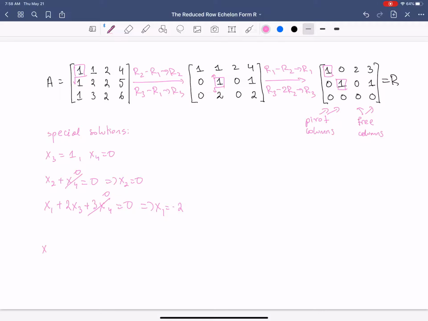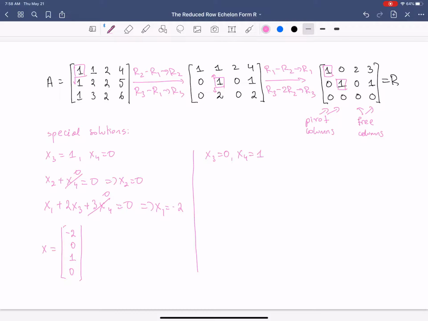And so the special solution is negative 2, 0, 1, 0. And it's kind of obvious that this truly is orthogonal to the first row and to the second row. The second special solution we get by setting x3 to 0 and x4 to 1.